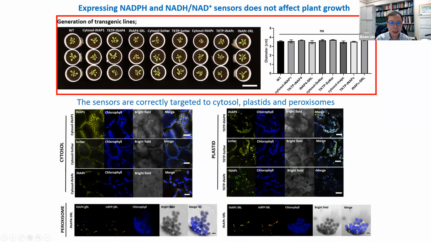First, we see whether they are correctly targeted to cytosol, plastids, and peroxisome, and they are correctly targeted to the destinations. Then we look at the growth of the plants to see whether they will affect the growth of the plant, and luckily there were no effects. So we can use these plants for studies.